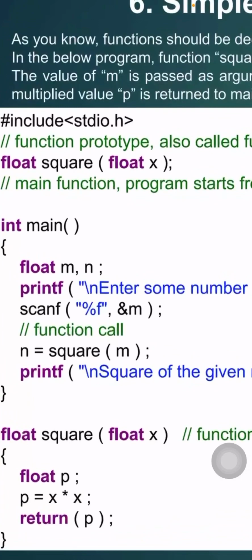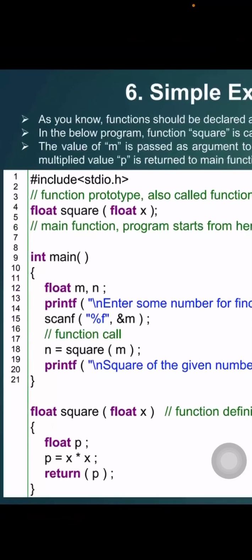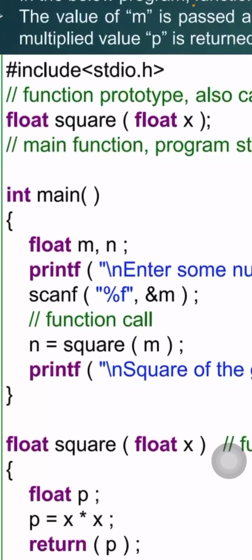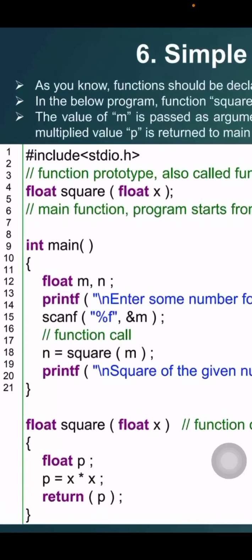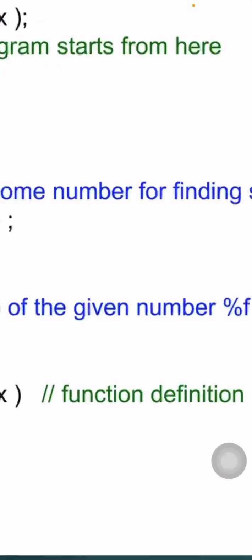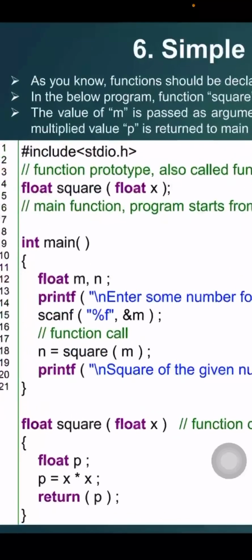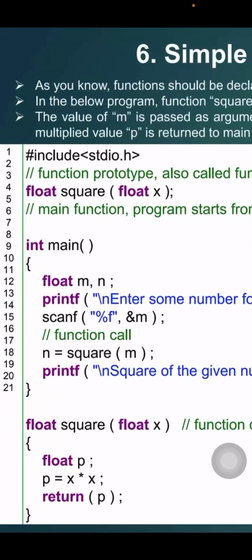Here we are just mentioning the name of the function, square, and in the braces we are passing it a parameter m, because the value is stored in the variable m, and it will be passed to the square function here. And when the control comes to this statement, it will search for the body, for the definition of the square function.